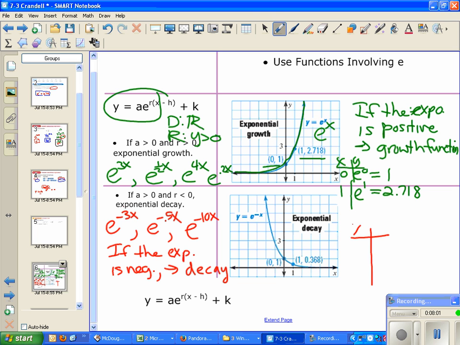You make a t-chart. You plug in 0, you plug in 1. So if this is e to the negative x, then we have e to the negative times 0. Negative 1 times 0 is just 0, and anything to the 0 power is 1. Then we have e to the negative 1, which if you put that on your calculator, you'll get 0.368.